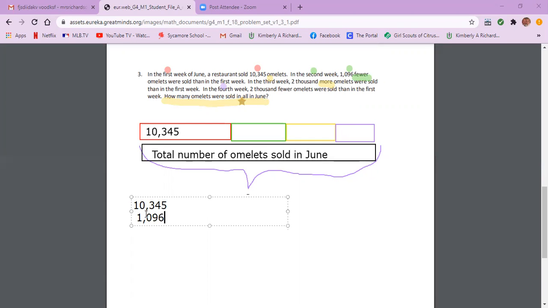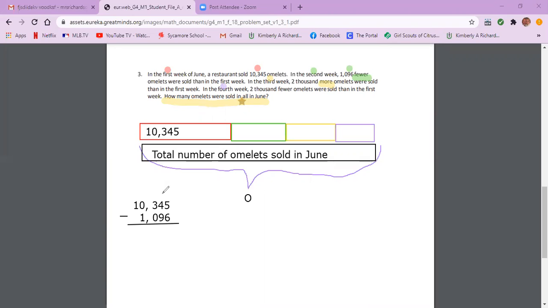So now we're going to get all set up here. I do want to line them up, and it's not easy sometimes. So that's pretty good right there. So let's subtract, because we are trying to find the difference, because in the second week they sold 1,096 less, exactly. Okay, so 5 minus 6, 5 ones minus 6 ones, we can't do that.